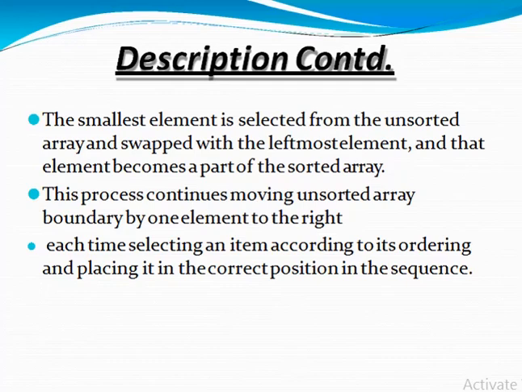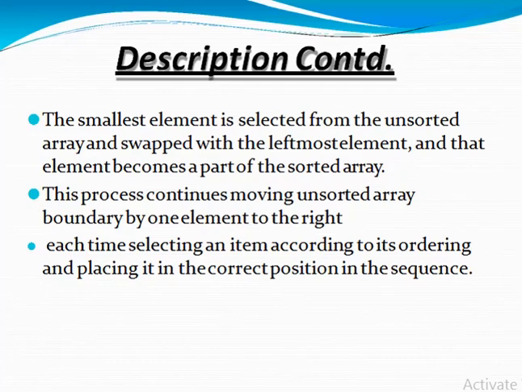As I have already discussed, the smallest element is selected from the unsorted array and swapped with the leftmost element, and that element becomes part of the sorted array. After sorting the first position, there is no need to compare again with that position, because it is already sorted within the whole list of elements.